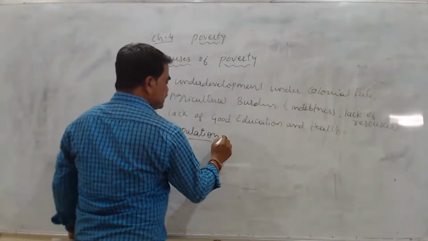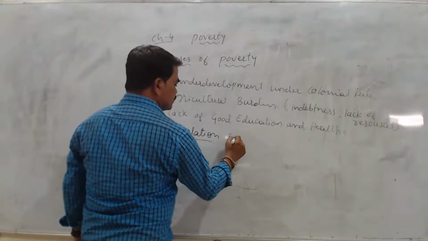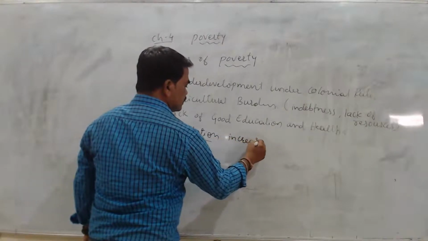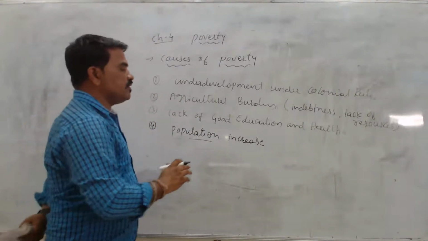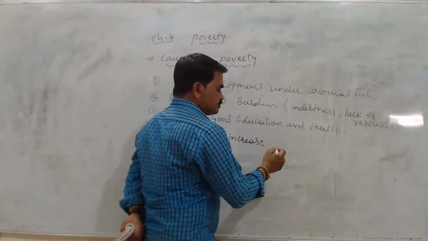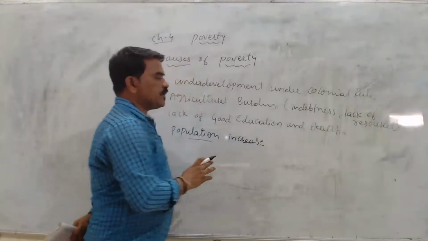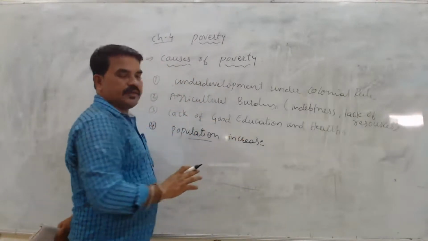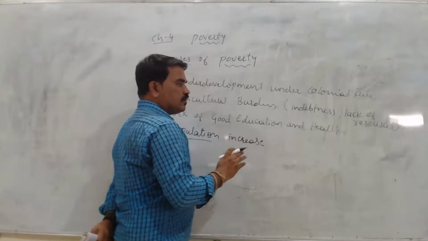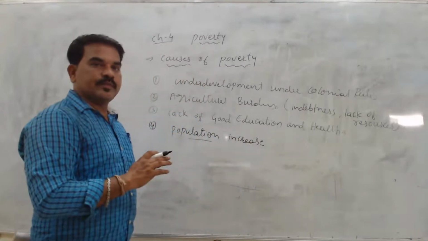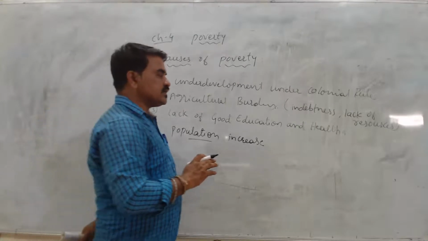You can see the increase in the population. It is also one of the reasons for this poverty. If you see, most of the people are not educated. They depend on the land, that we know. In the total population, most of the people are dependent on agricultural land.